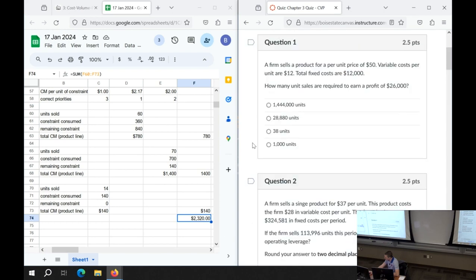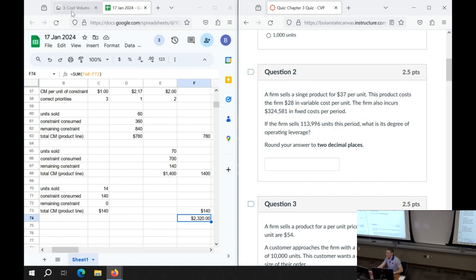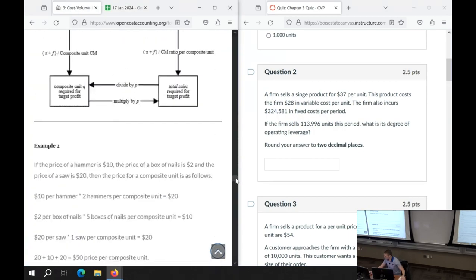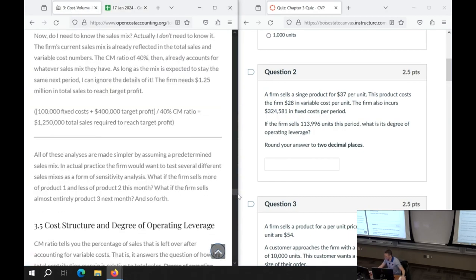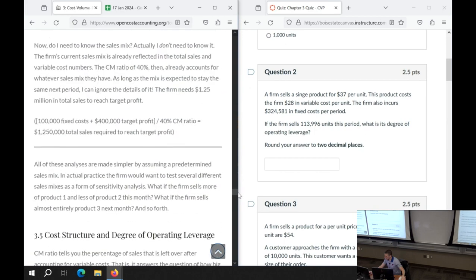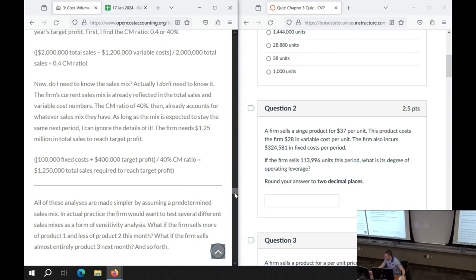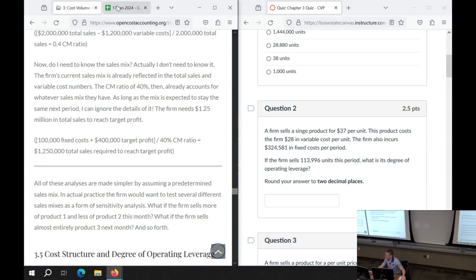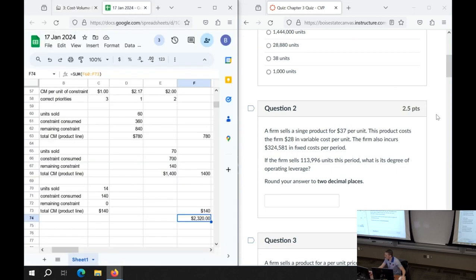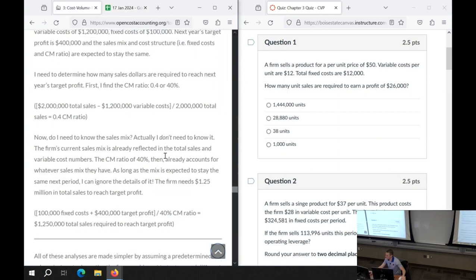Well, there's a degree of operating leverage problem. All right, so let's go back up in the chapter here. I want to explain margin of safety without doing a problem so we can do it quickly.